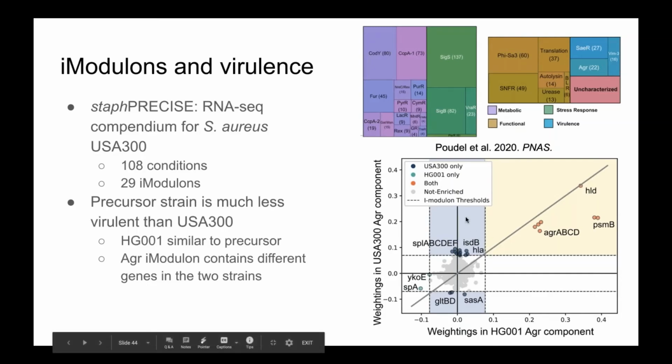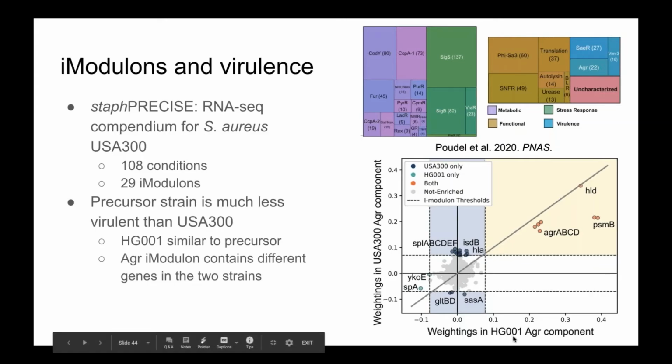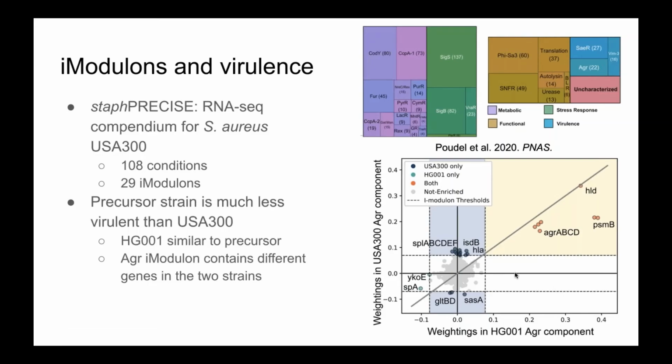However, these genes over here in blue are only present in the USA300 agr component and not in the HG001 iModulon. These genes here have to do with biofilm formation and alpha toxins. And so this shows us how iModulons can give us hints at what's going on in the regulation and why different strains have different virulence.